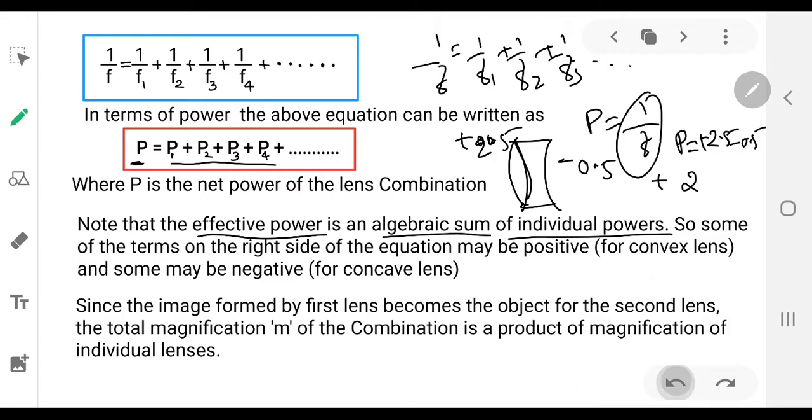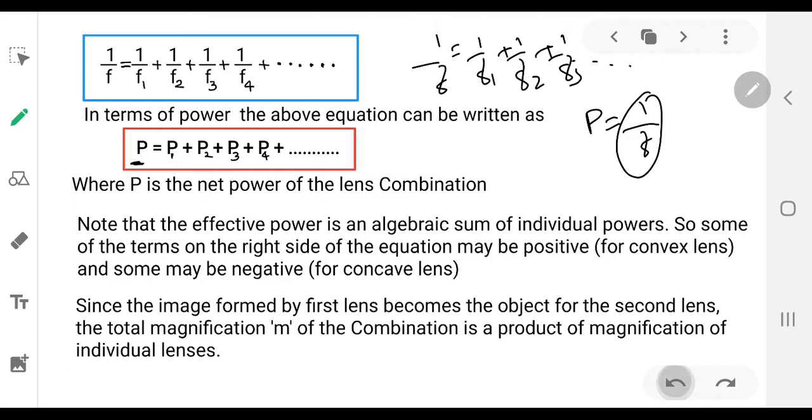So the terms on the right side of the equation, P1, P2, P3, P4, some of them may be positive or they may be negative depending upon the lenses that you are combining in a system.